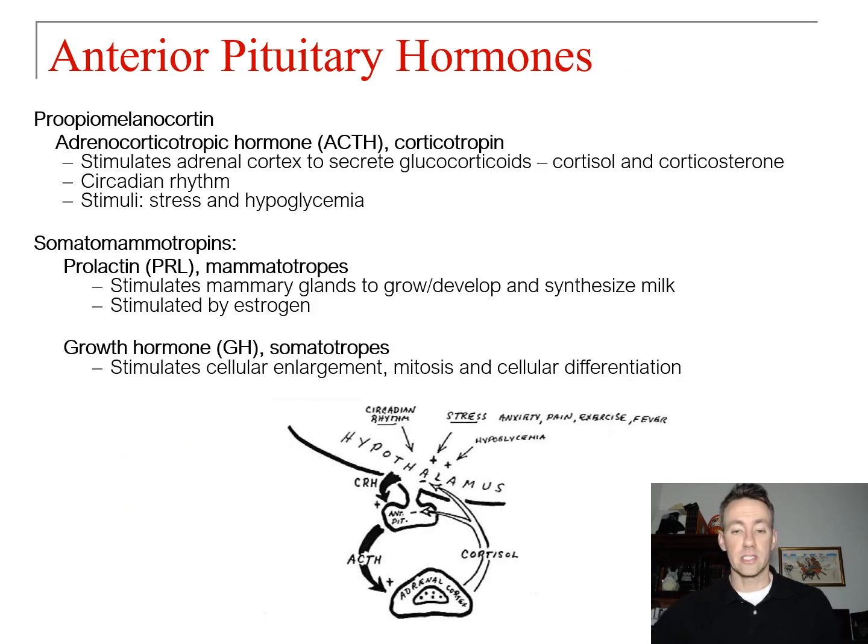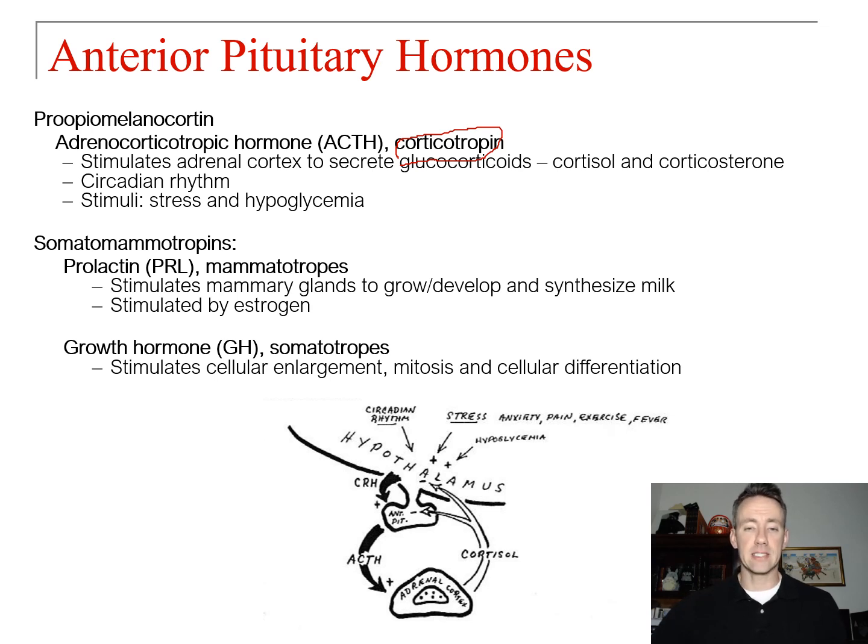So here on this slide, over here, the corticotropin cells release adrenocorticotropic hormone. And so we'll talk about some of that in a different lecture. It'll be increased during times of stress or hypoglycemia to help raise blood sugar levels.